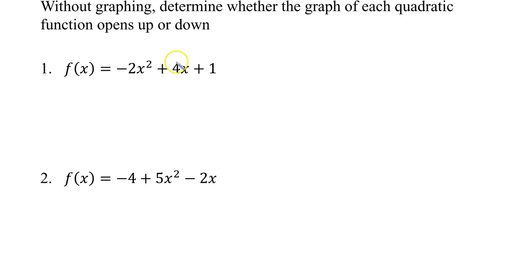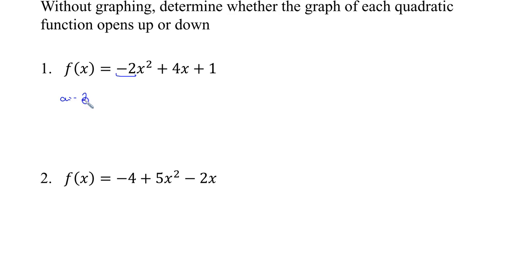So first things first, without graphing, so we don't want to sketch a graph of this, we just simply want to look at the function and determine whether or not the graph of each quadratic function opens up or down. It's quadratic because the highest power is x squared. What do we look at to determine whether it opens up or down? Correct. We look at this value of a. So a is the number in front of x squared.